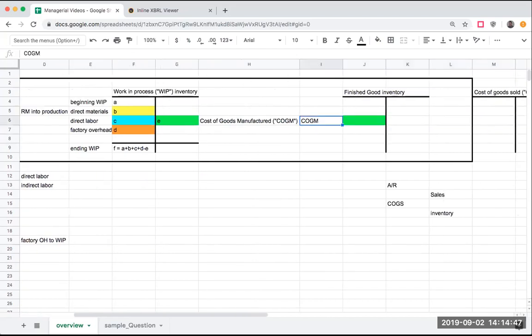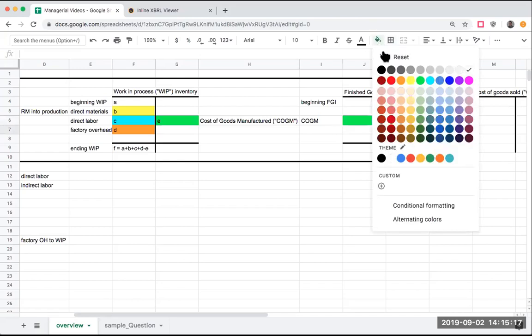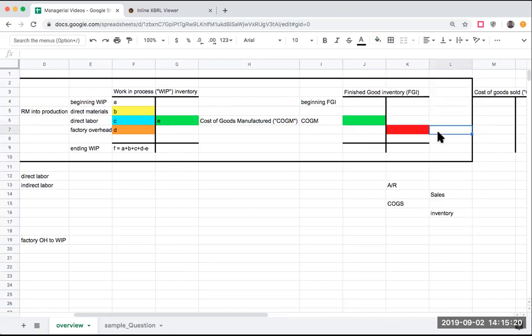Okay. So when I get to finished goods inventory now, this is what it's going to look like when we were doing retail inventory methods, which is going to be my beginning FGI. So right over here, my beginning finished goods inventory plus my cost of goods manufactured, which is kind of like another way of saying purchases, minus my cost of goods sold is going to give me my ending FGI, or my ending inventory.